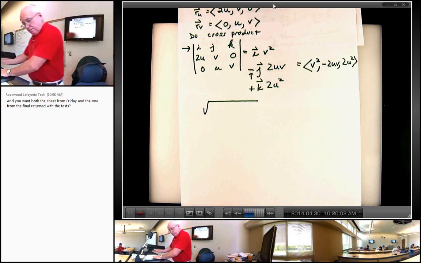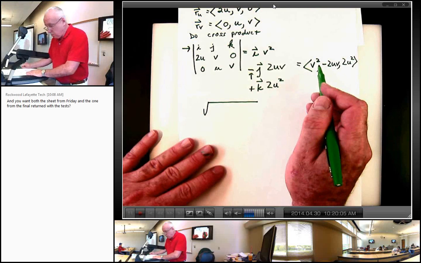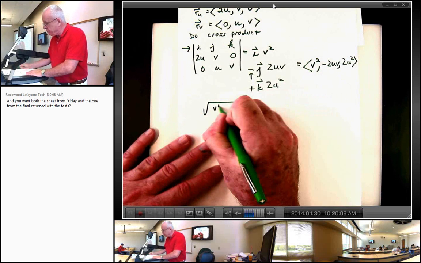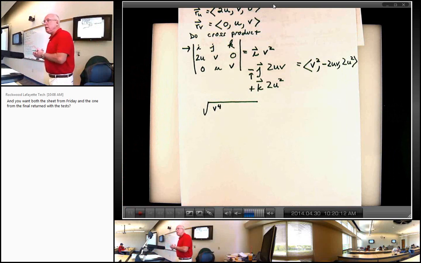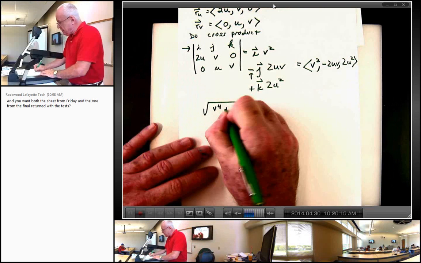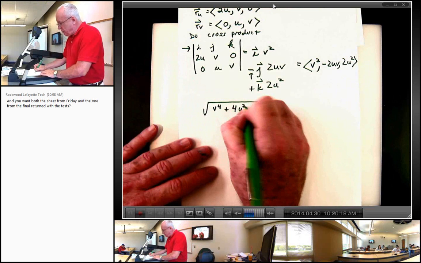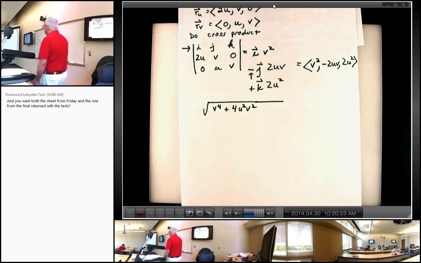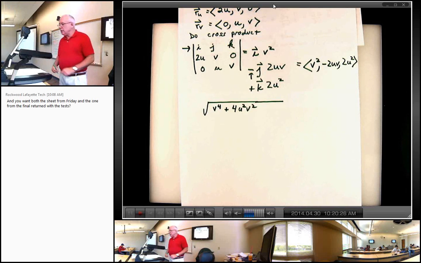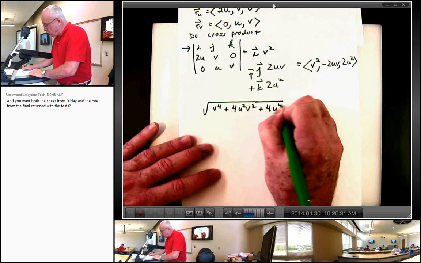The first component is v squared, and we square that, and we get v to the fourth power. The second component is minus 2uv. We square that. That gives us a positive 4u squared v squared. Be careful with the algebra. And the third component is 2u squared. We square that, and we get 4u to the fourth power.